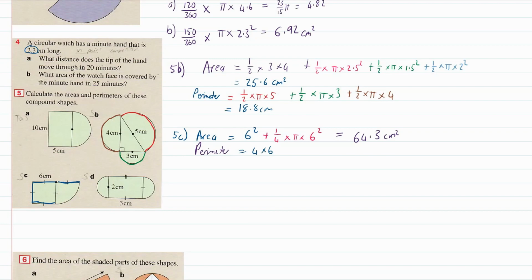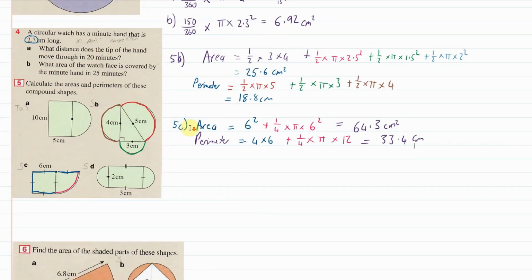And then the last bit, this bit here, is the curved bit, or an arc length, so plus 1/4 of a circle, 1/4 times pi d, and d would be double the radius, which is 6, so double that is 12. And when we pop this into the old calculator, we get 24 plus 3 pi, so it should be 33.4 centimeters.